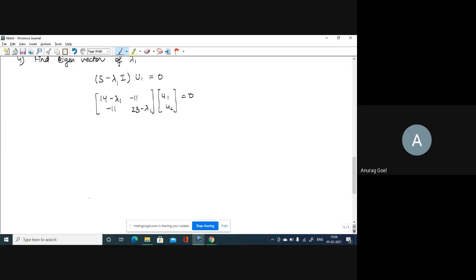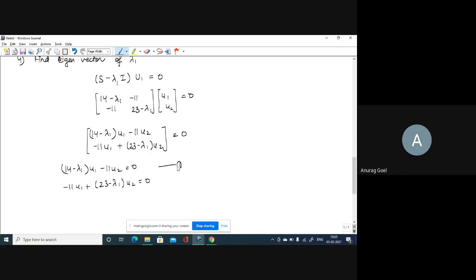When you solve this, it gives (14 minus lambda 1) u1 minus 11 u2, and minus 11 u1 plus (23 minus lambda 1) u2. So there would be two equations: (14 minus lambda 1) u1 minus 11 u2 equals 0, and minus 11 u1 plus (23 minus lambda 1) u2 equals 0.